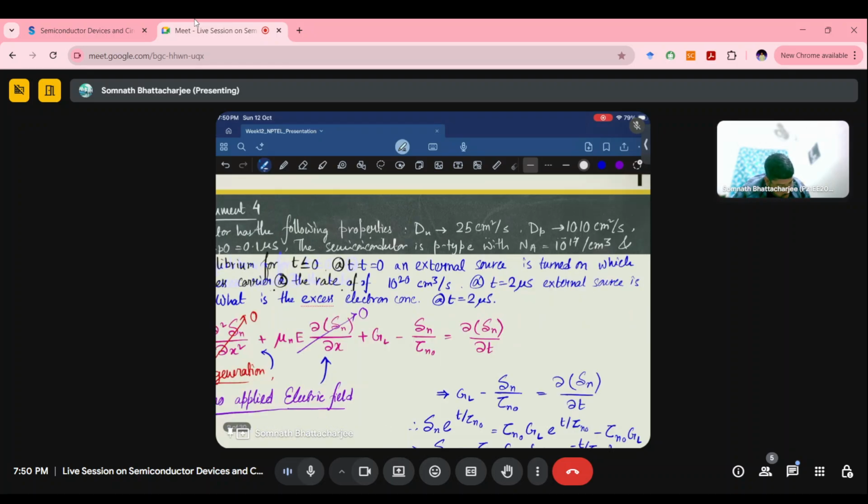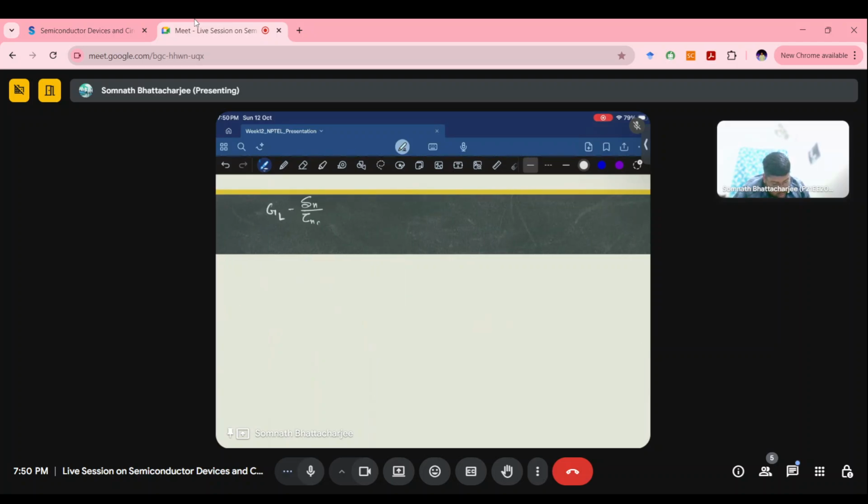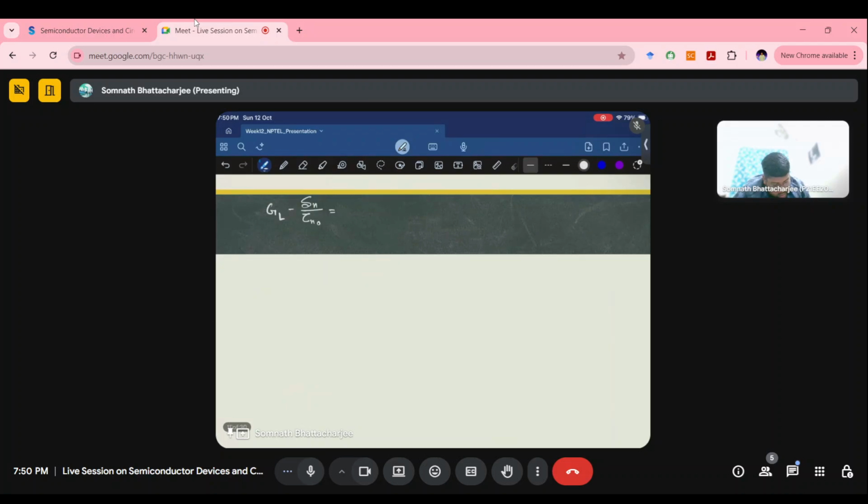For this, the integration was what? GL minus del n by tau n equals del n by del t. So this was the basic equation we had to solve before.